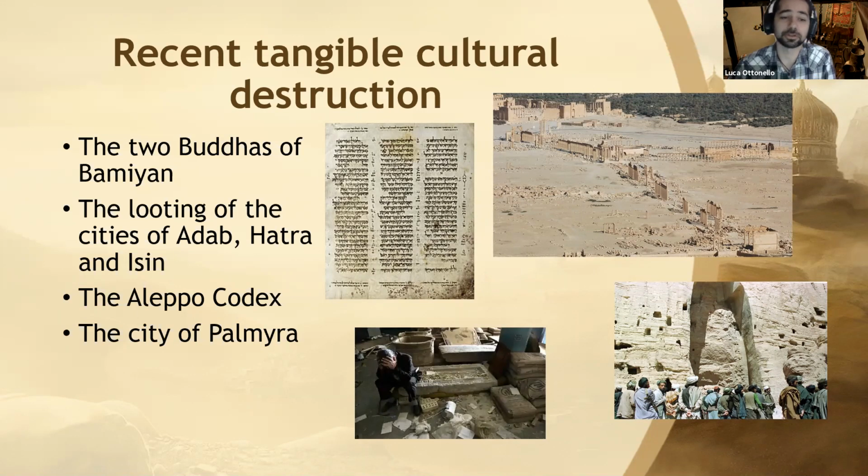Then the Aleppo Codex in Syria. This was a Jewish artifact that got partially destroyed. Parts of it were burned beyond recognition, and some others were glued together so that you could not actually open the pages and see what was inside anymore. And there could be some options for that one too. And the last one is the one where I was personally involved, which is the city of Palmyra.